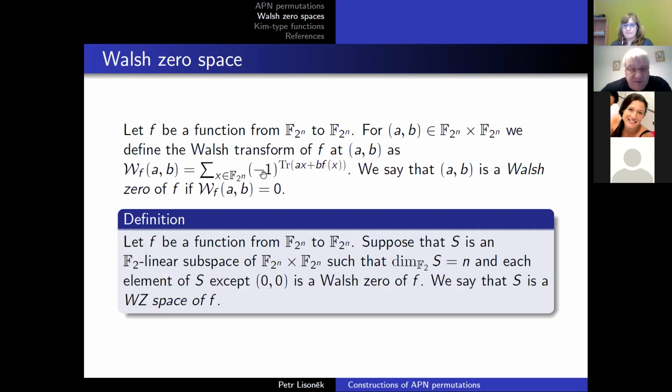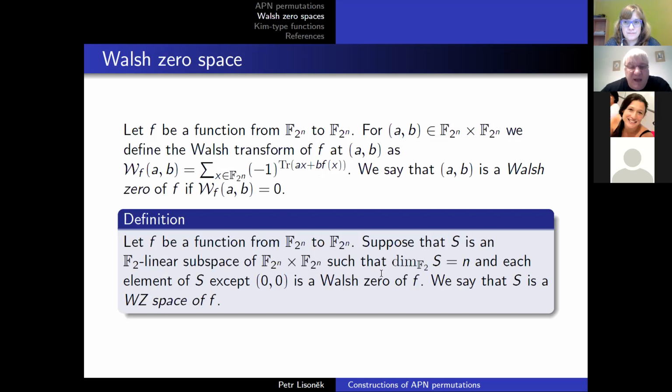That's where the Walsh coefficients occur a lot. But here we actually use them to construct APN permutations. And our interest is in those pairs (a, b) where the Walsh coefficient is 0.